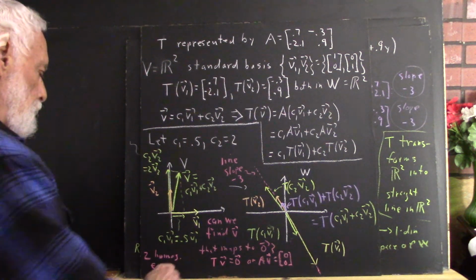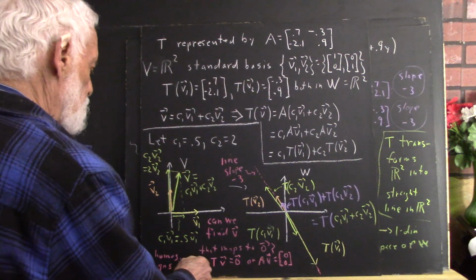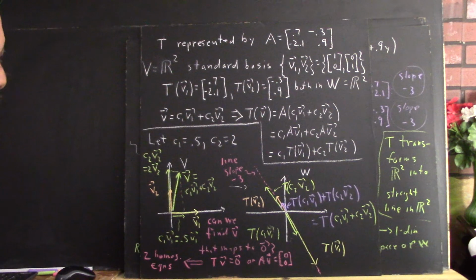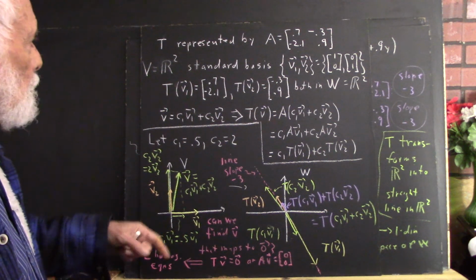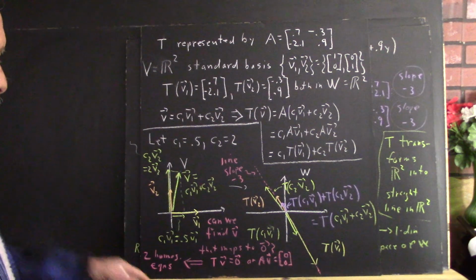So it's abbreviated, maybe a little hard to read. We say this leads us to two homogeneous equations in the two components x1, y1, or xy for this vector.